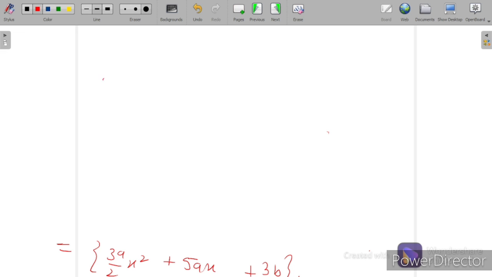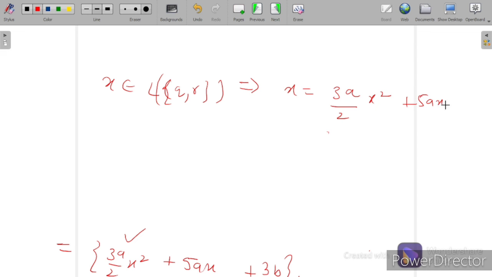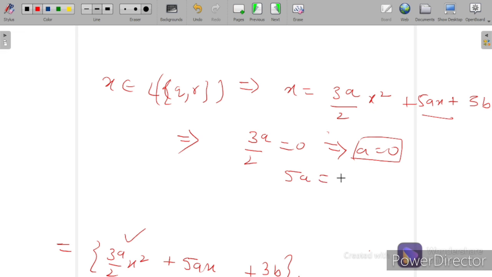So if x belongs to linear span of q and r, this will imply that there exist some scalars a and b such that x is equal to 3a by 2 times x square plus 5ax plus 3b. Now compare the coefficients here. We will get 3a by 2 equal to 0. This will imply that a equal to 0. Okay. And 5a will be equal to 1.